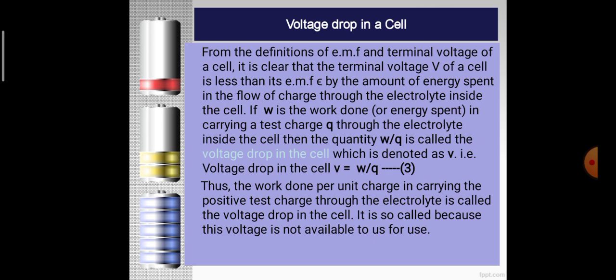That is, voltage drop in the cell v is equal to W double prime by Q. Consider this as equation 3. Thus, the work done per unit charge in carrying the positive test charge through the electrolyte is called the voltage drop in the cell. It is so called because this voltage is not available to us for use.